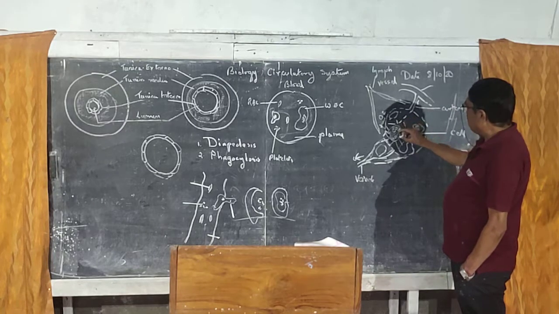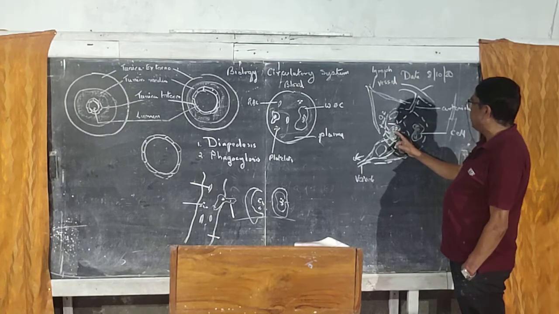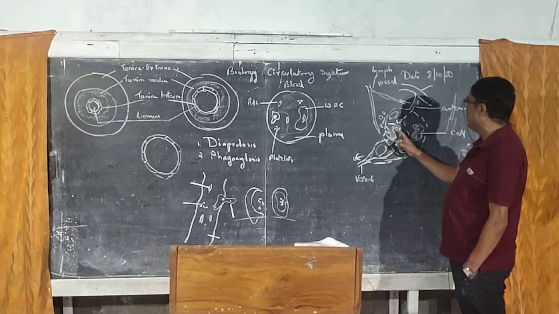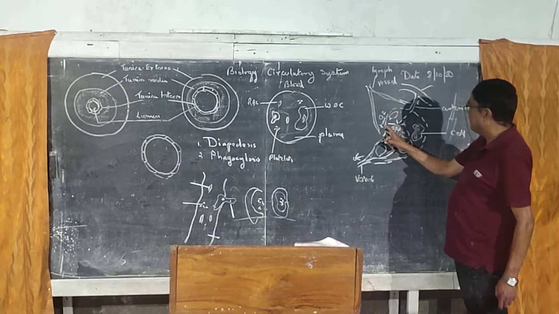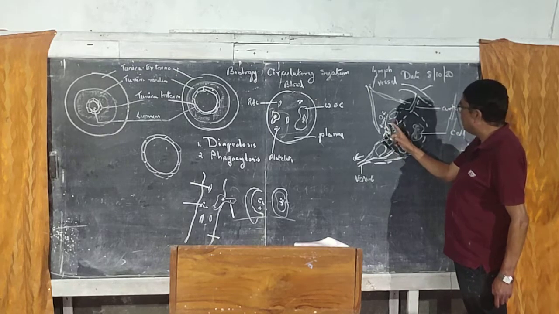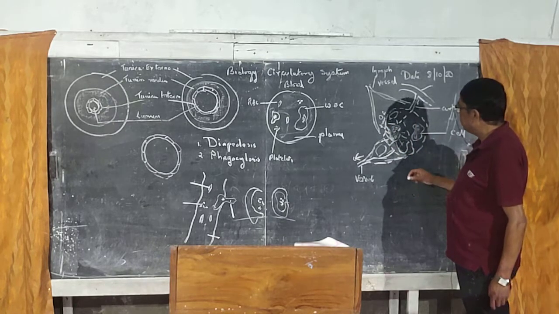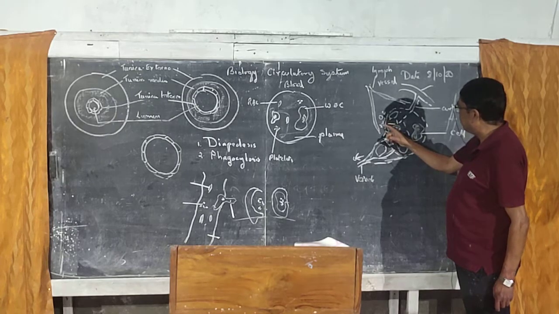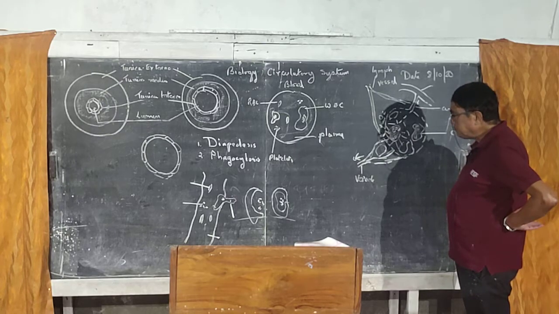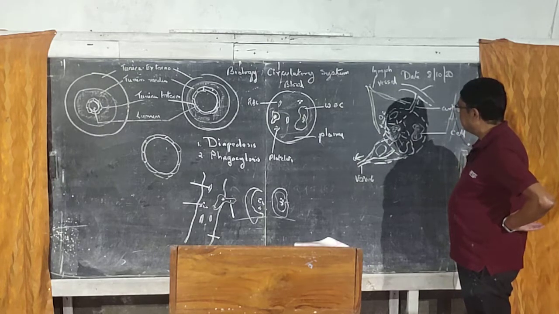Now, the concentration of carbon dioxide being higher in the cells than in the blood in the capillary, it will diffuse out into the lymph and enter into the capillaries. Similarly, waste products also come out from the cells and finally make their entry into the blood in the capillaries.